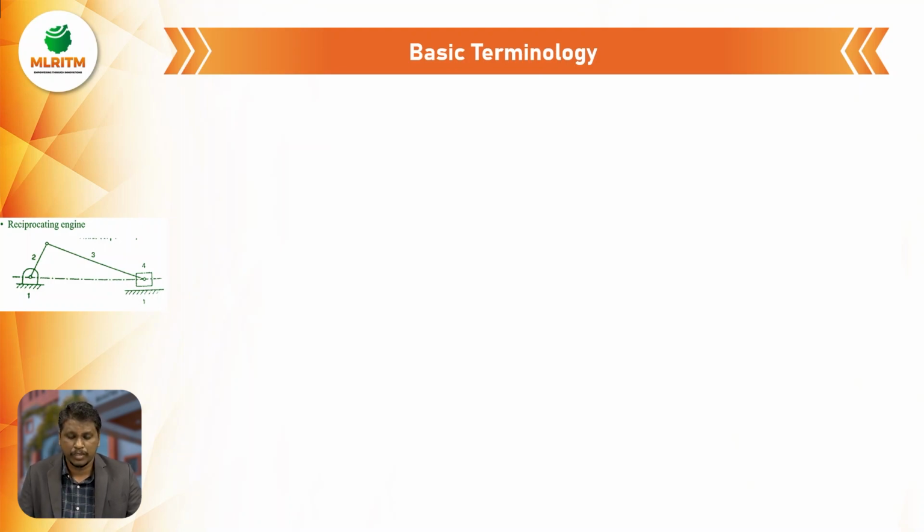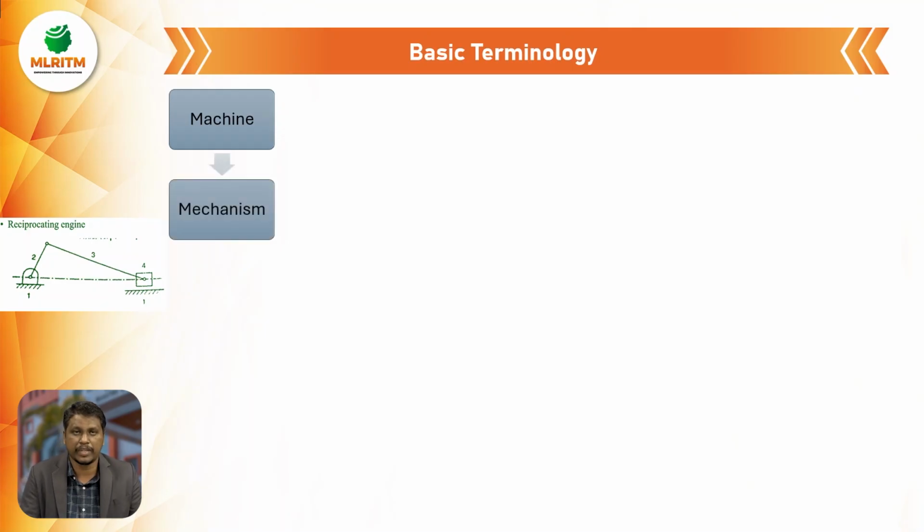Now we are going to see the basic terminology. If I want to make a mechanism, what components or elements should be there? That comes under the basic terminology. So I want to make a machine. That machine consists of mechanisms, and one machine has a number of mechanisms.